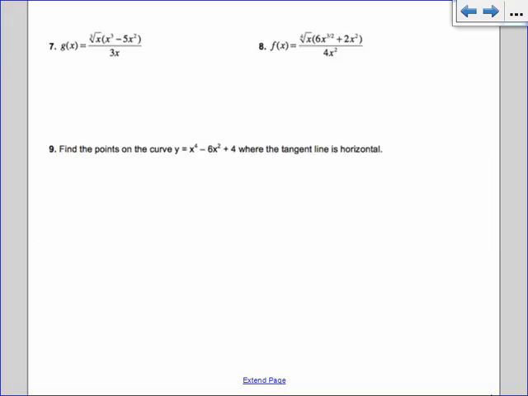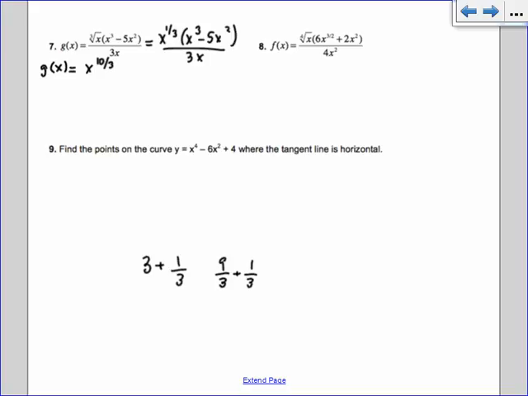So this one. I have the cube root of x times x cubed minus 5x squared all over 3x. So slowly simplify all the way down, right? So let's multiply across the top first. So I have the cube root of x, that's x to the 1/3. And I'm going to multiply it in. So I'm going to have x to the, I have 3 plus a 1/3. So if you need to write that off to the side, go ahead and do it. 3 plus 1/3 is 9 over 3 plus 1/3, so we get 10/3 minus 5, and we have 1/3 plus 2, right?